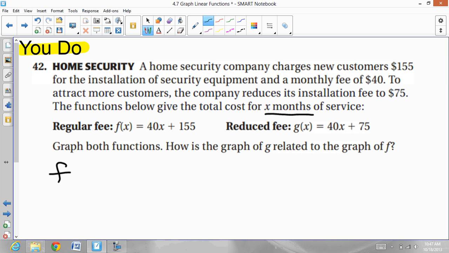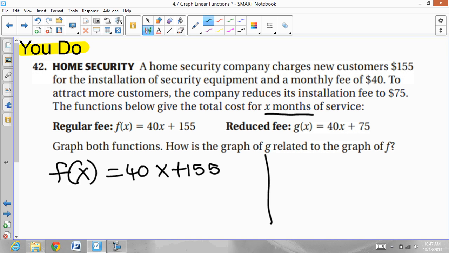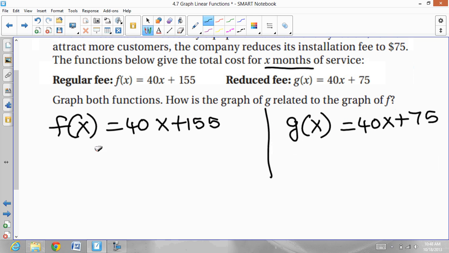So let's focus on the first one. f of x equals 40x plus 155. That's my first equation. And my second equation, g of x is equal to 40x plus 75. Those are my two starting points. Remember, this is a you do question, so all I'm going to do is get you started and then you finish the rest. My f of x is actually nothing but my y.